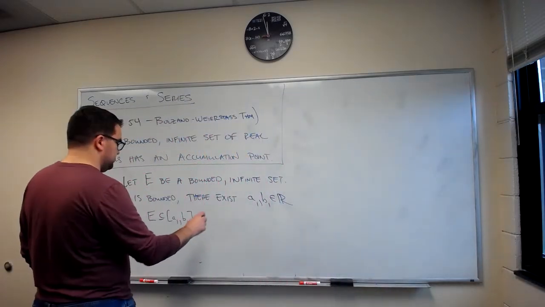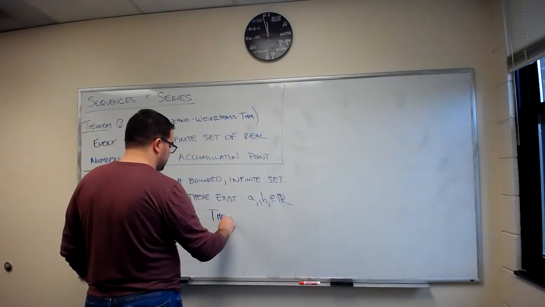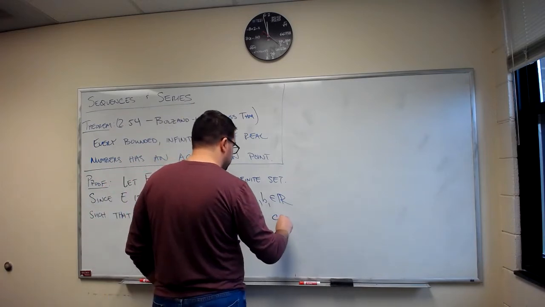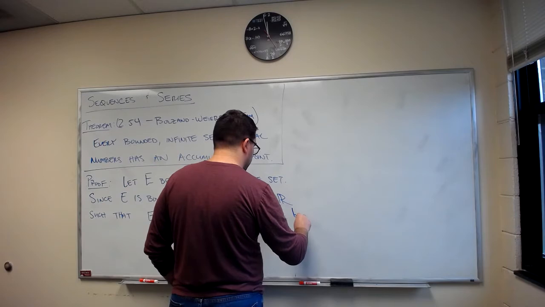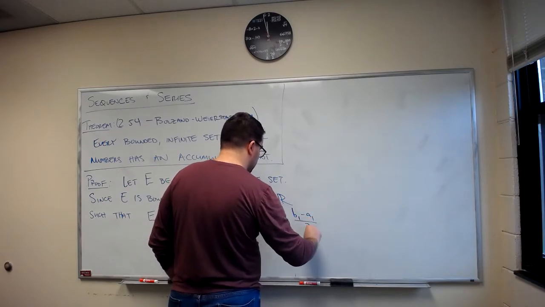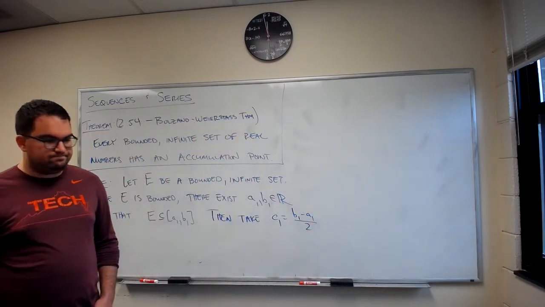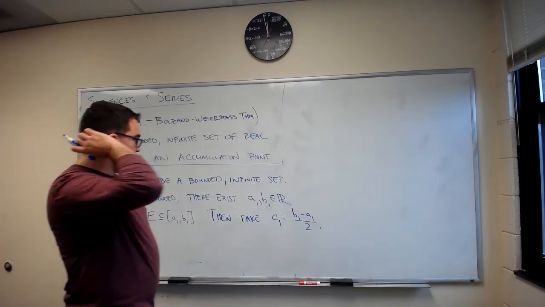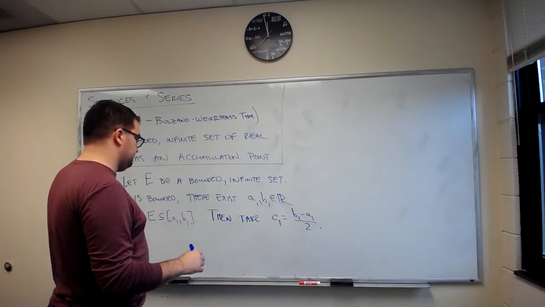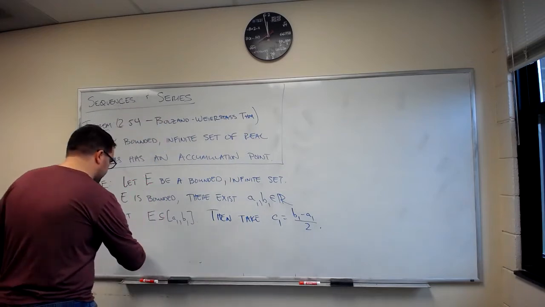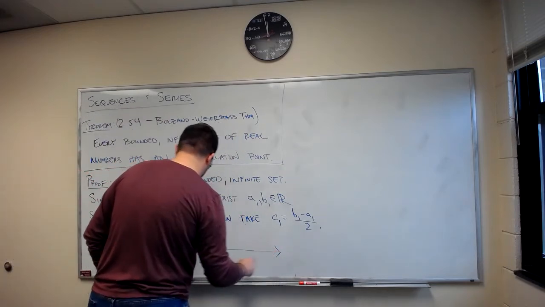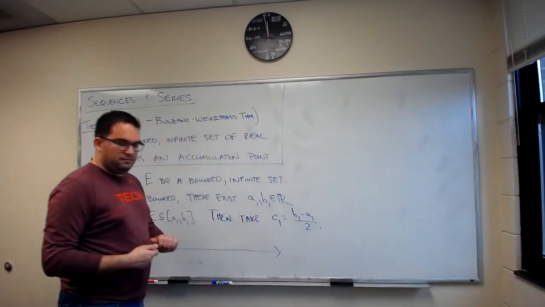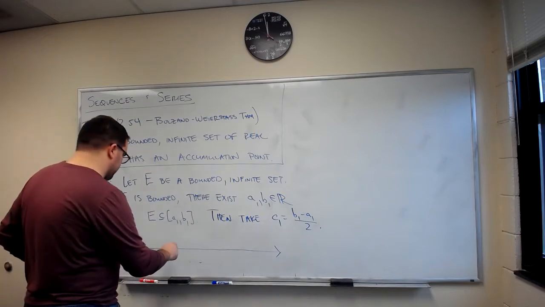So now I'm going to define another point, c_1. And c_1, I'm just going to take to be the midpoint of a_1 and b_1. So let me draw a picture of what's going on here. I'm going to draw in red. My set E is some collection of real numbers, so it could contain all sorts of things.